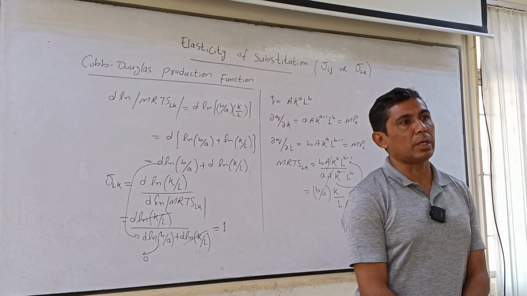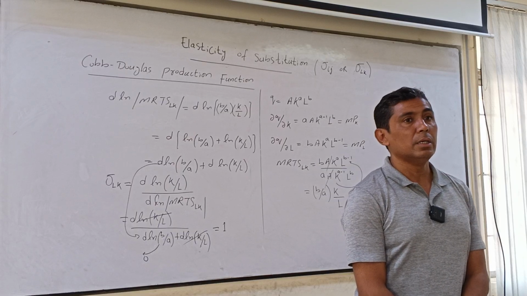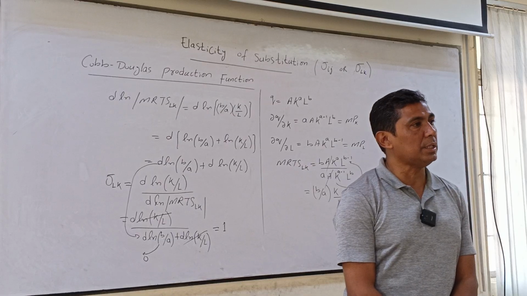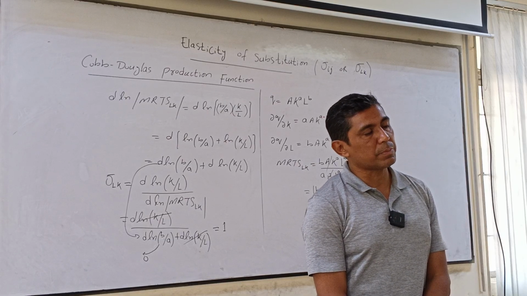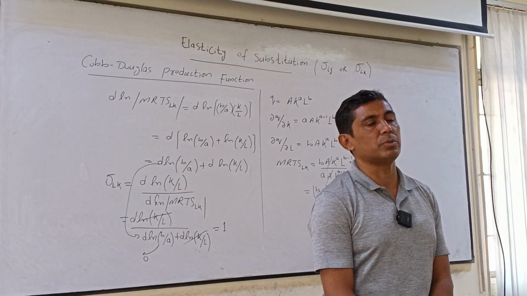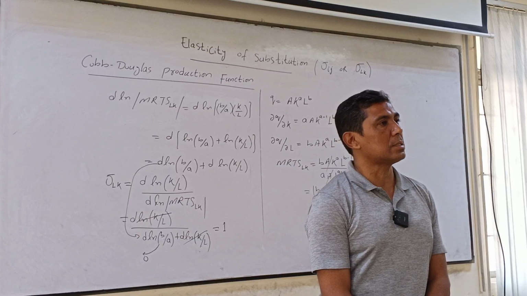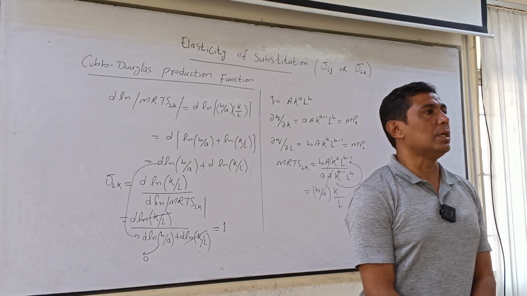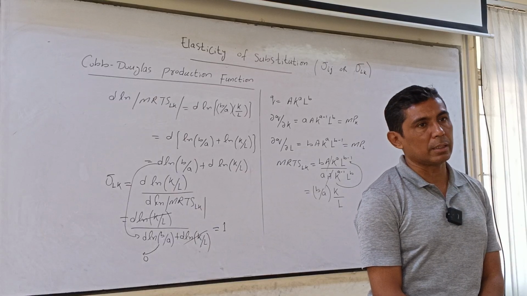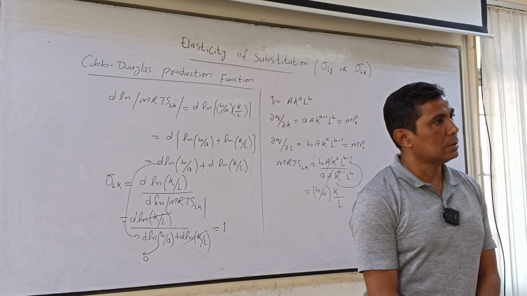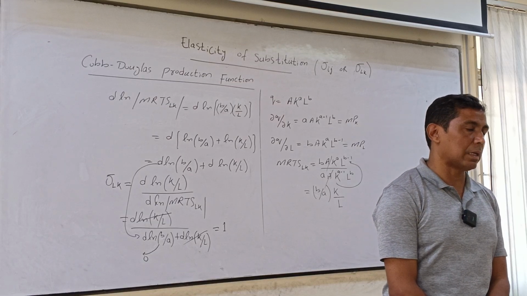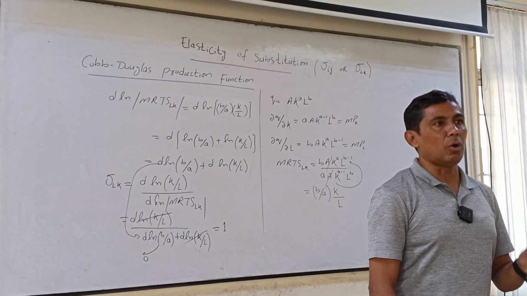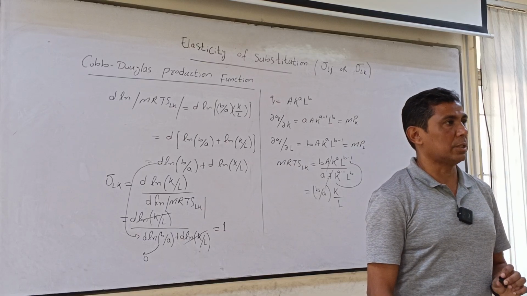Similarly, after this, we started the discussion related to the elasticity of substitution. First of all, we pointed out the CES production function. In the case of the CES production function, the elasticity of substitution was 1 upon 1 minus sigma. Clear? So sigma was the elasticity of substitution between inputs, labor and capital. That value will decide whether you have Cobb-Douglas, linear or Leontief. Finally, we discussed these three natures of production: Leontief, Cobb-Douglas and linear production functions.